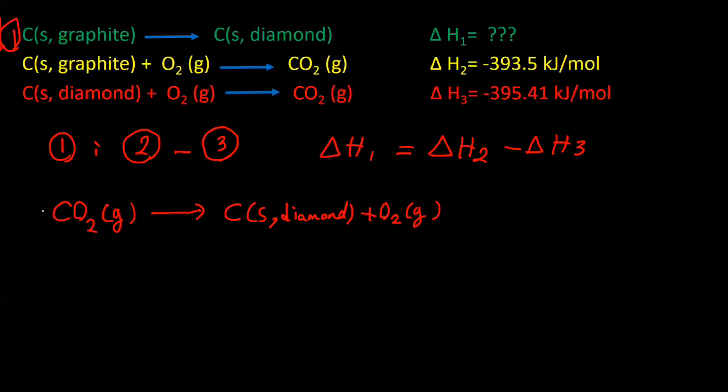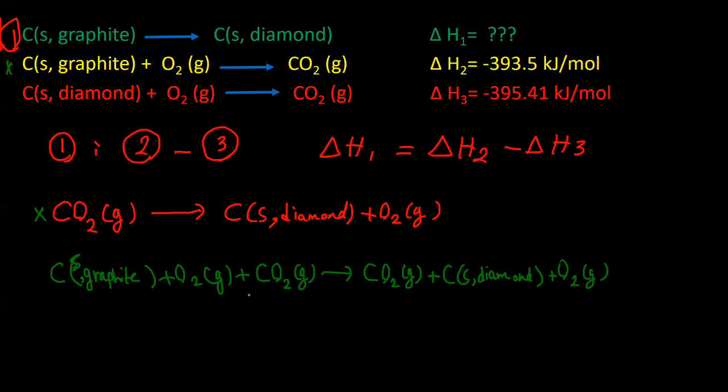Right now, I want to add this reaction, that is the reverse of reaction number 3, to reaction number 2. After that, I simplify: I have one O2 gas on this side and one O2 gas on the other side, and these two cancel out. I have one CO2 here and one CO2 here, which cancel out. And as you can see, the leftover for reactant is C as graphite, and for product, we have C in the form of diamond.